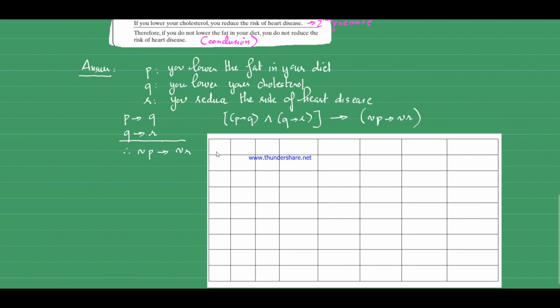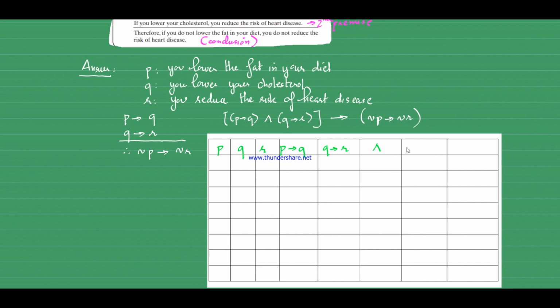So I'm gonna have P, Q, R. Then we have P imply Q, Q imply R. Then we have a conjunction. Oh man, we don't have enough columns over here.